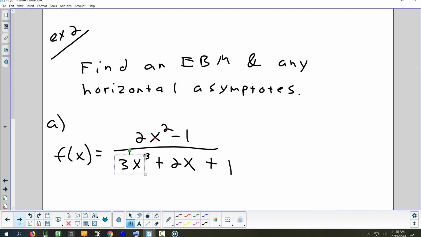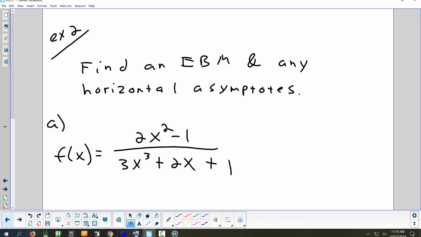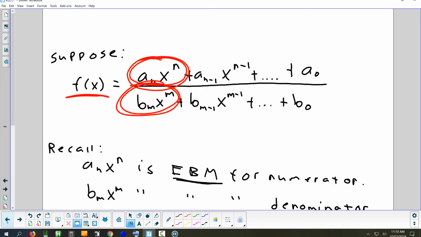And then a sub 0 would really just be your constant. So it's just a naming convention for the coefficients. If you had a b sub 8, that would be the coefficient of the term to the 8th power.